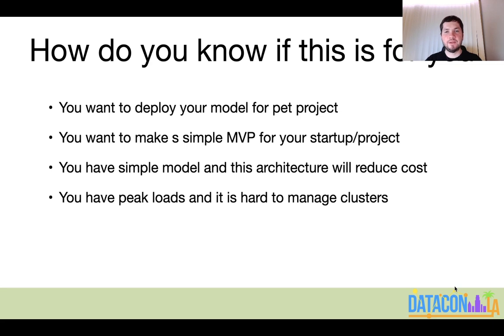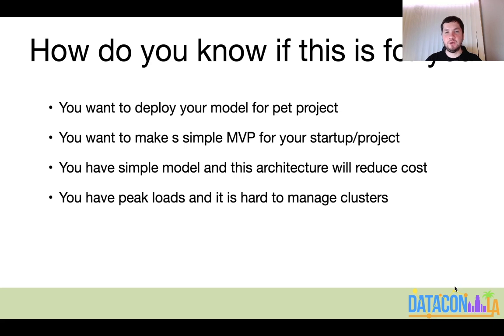So how do you know if this would work for you? If you want to deploy your model for a pet project, then it would be great because it's very easy to start and the architecture is very simple. If you want to make a simple MVP for a startup or project, then it would work as well because it will scale based on your needs and the architecture will be flexible enough to make any changes.